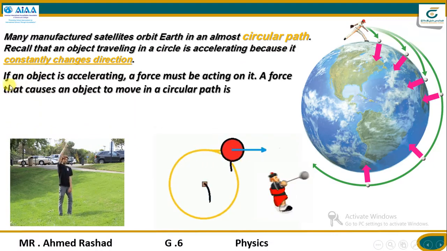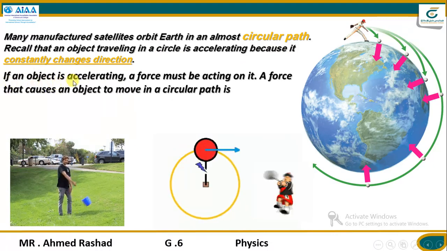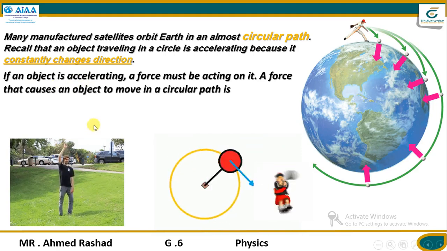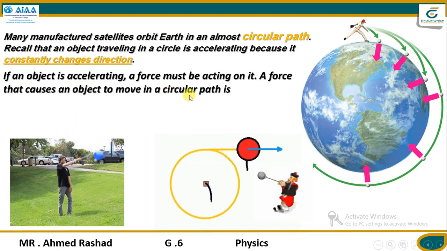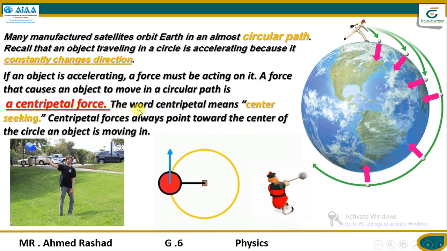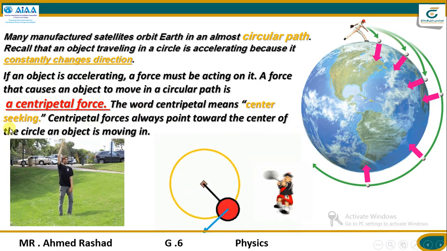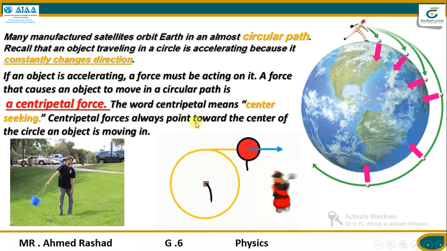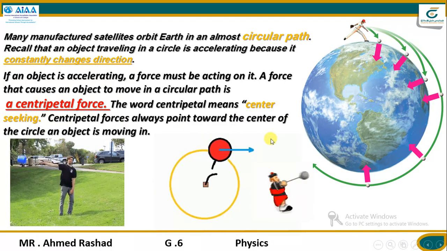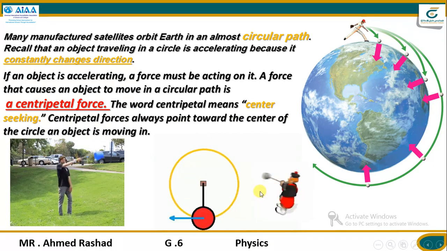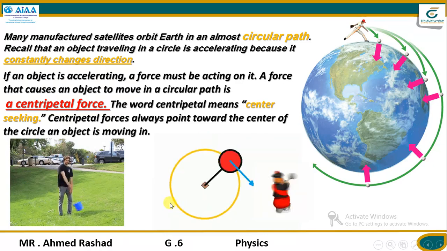So if an object accelerates, there is a force affecting the object to move in a circular path. That's called a centripetal force, a word meaning center seeking. It's the force moving toward the center of the circle the object is moving in, making the object move in the circle.